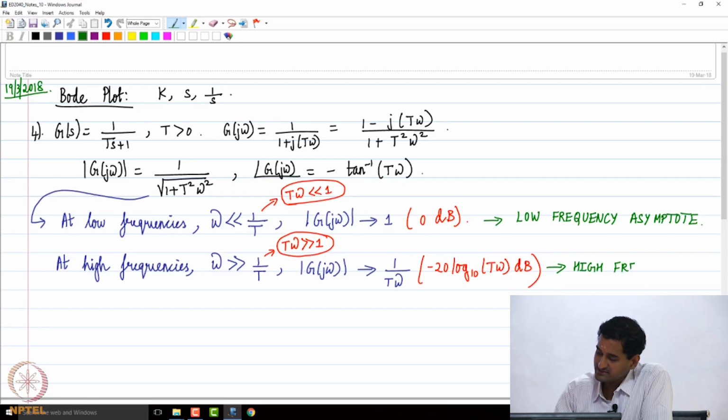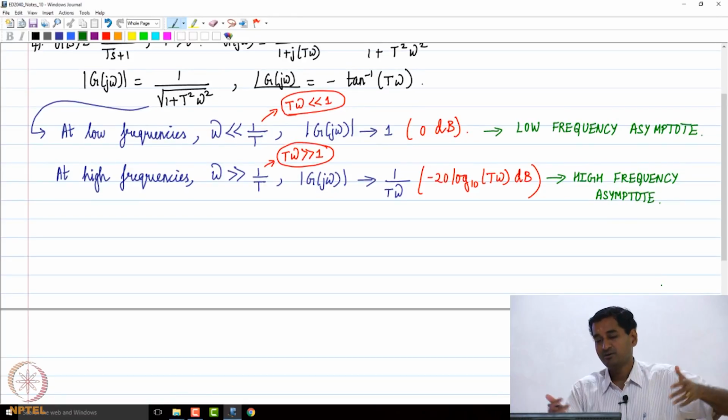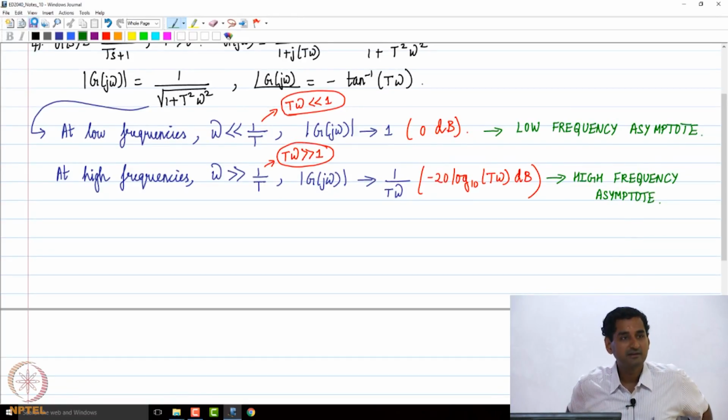So that's why it's called a high frequency asymptote, okay? So I hope it's clear what the low frequency and high frequency asymptotes are, right? Essentially we are looking at what happens to this magnitude at frequencies lower than 1 by capital T and higher than 1 by capital T.